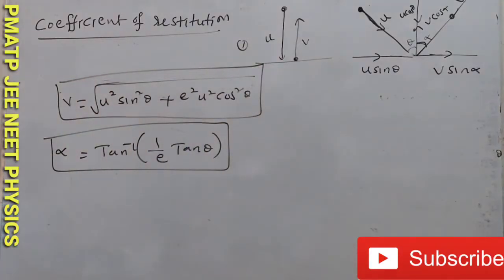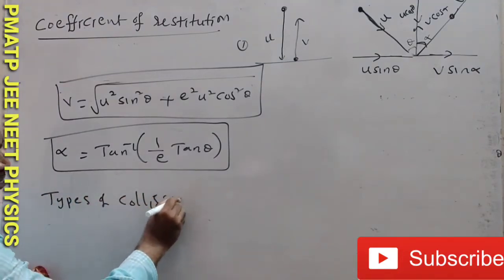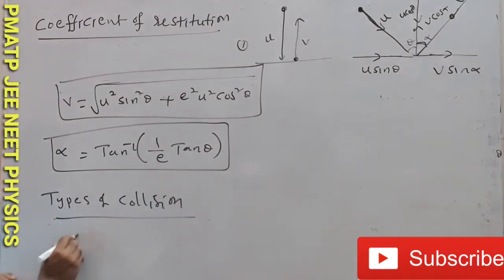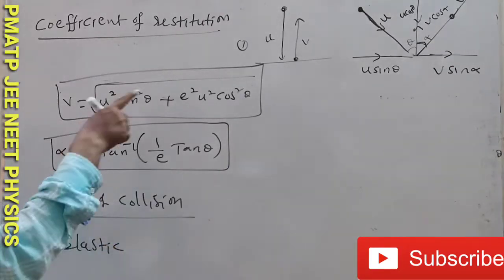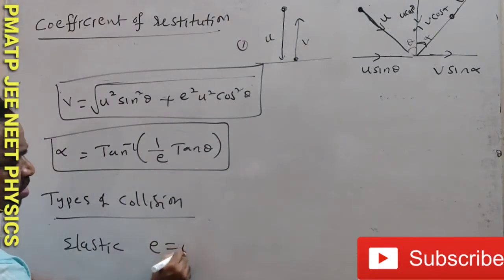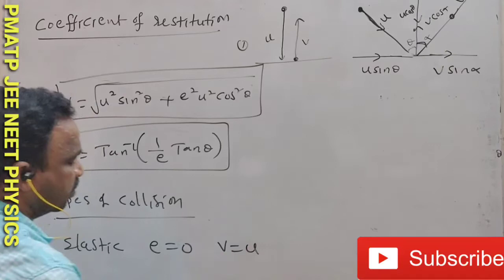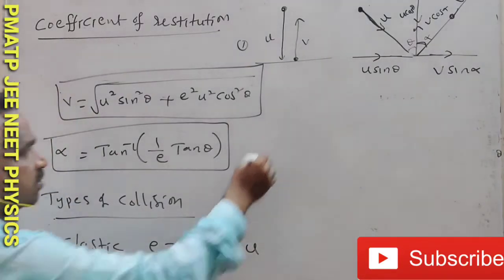You got the types of collision. See, types of collision: elastic, perfectly elastic. For elastic collision, e is equal to 1. So what happens? v is equal to u, and also theta is equal to alpha.